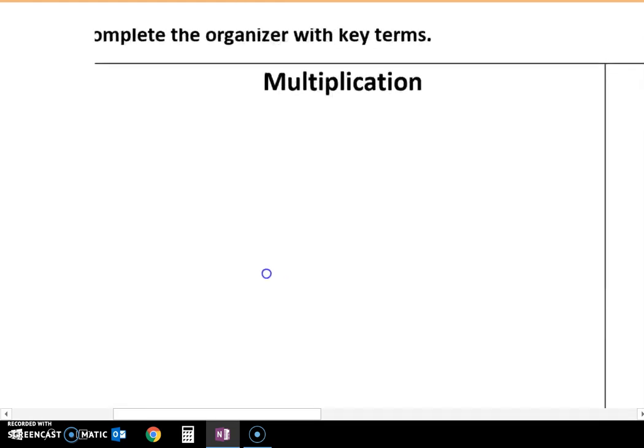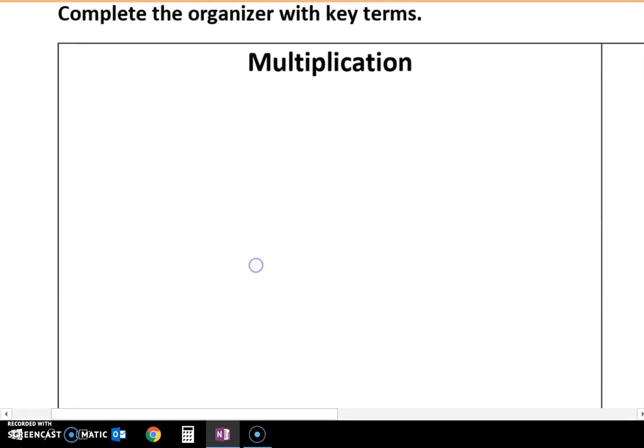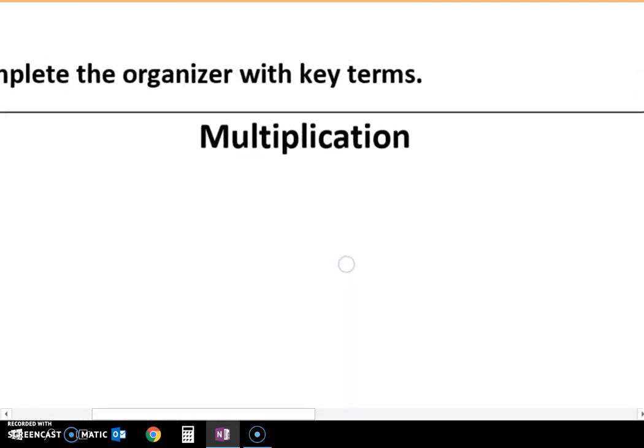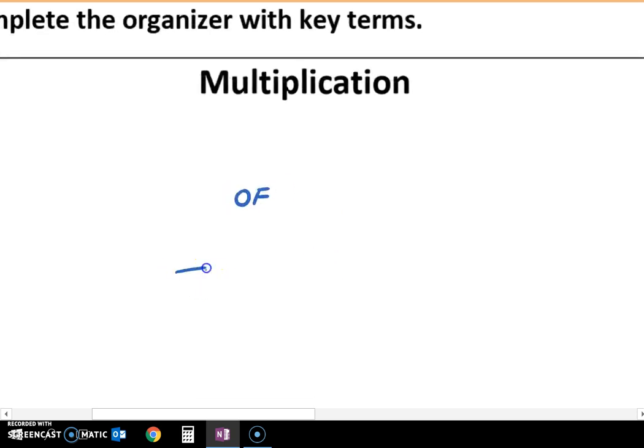So hopefully you have your packet and you are ready to take some good notes along with me. We're going to start off with multiplication. And multiplication in scientific notation really just has two that we see most frequently. And the two that we have is of and times. And times is pretty obvious.